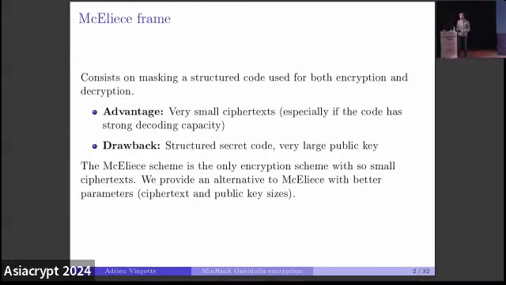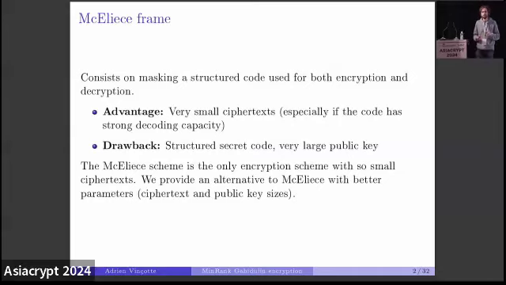So, what is the Michaelis frame? The Michaelis frame is a generic framework which allows to design efficient encryption schemes, where you take an error correcting code for which you know an efficient algorithm of decoding, and you use this code both to encrypt and decrypt the ciphertext. It has a main advantage: you have a very small ciphertext, since it's only a noisy vector.